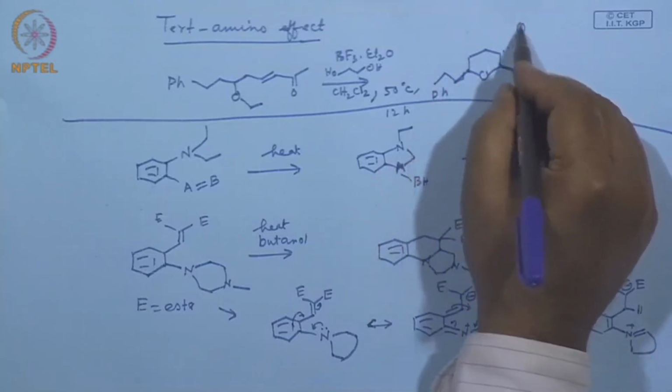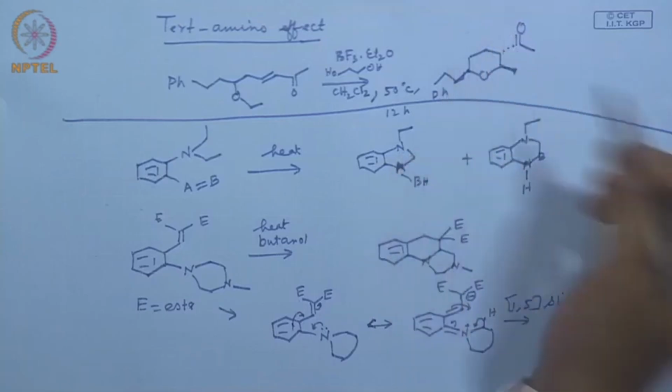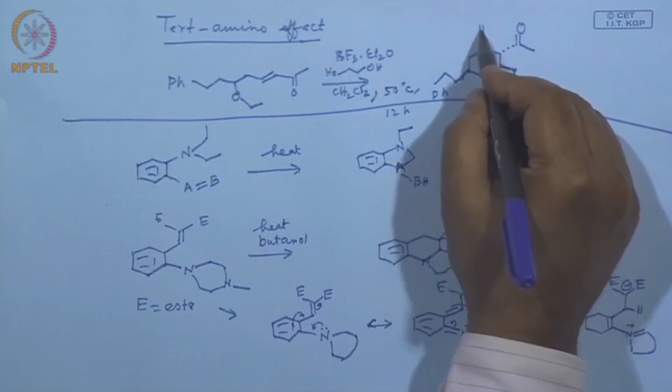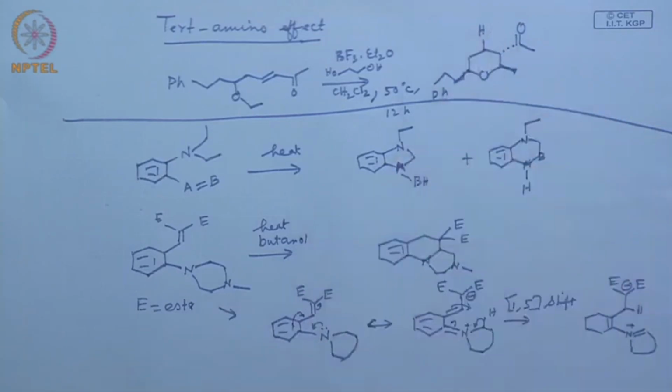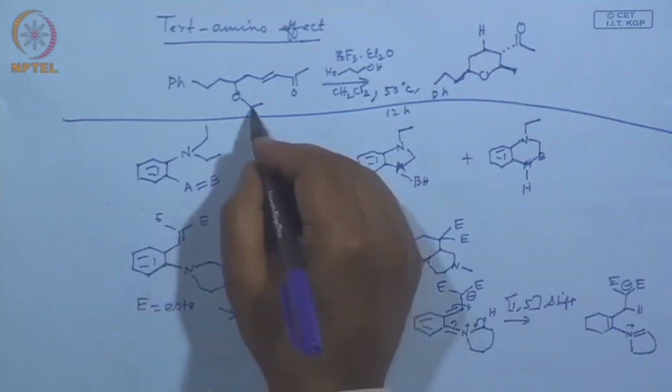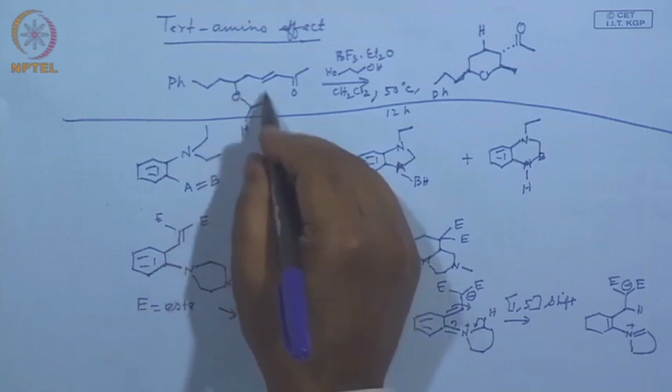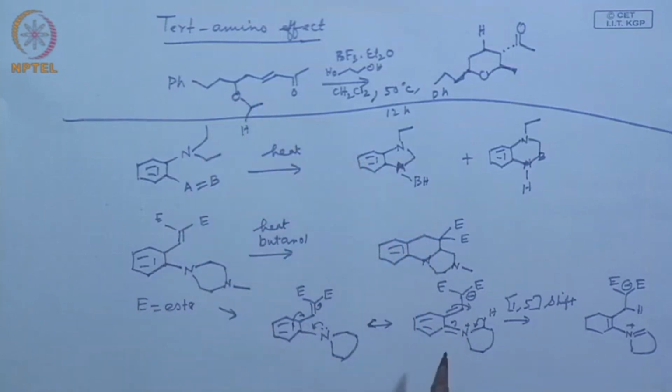This is the carbonyl here, and the indicated hydrogen has been shifted from where? This hydrogen. So, it is a secondary, you can say, oxygen effect, whereas that was the tertiary amino effect, and this is the secondary ether effect.